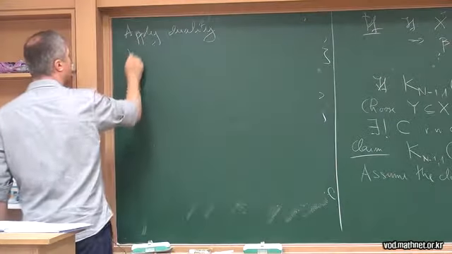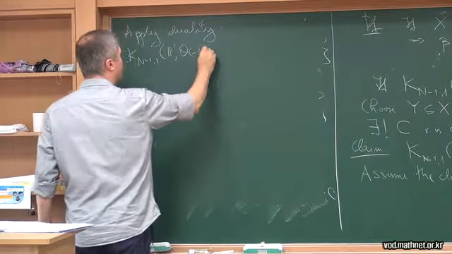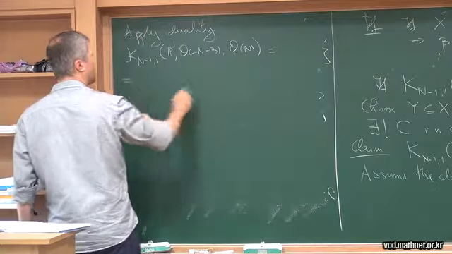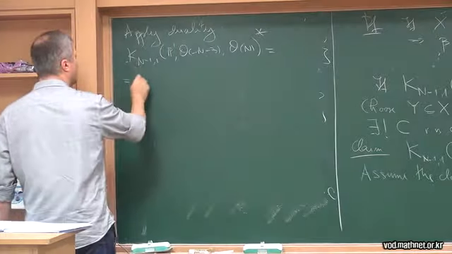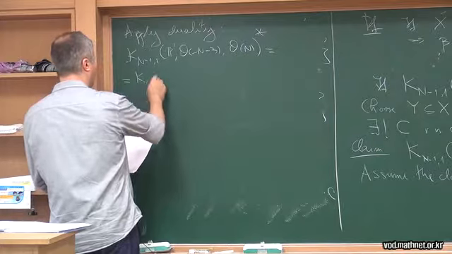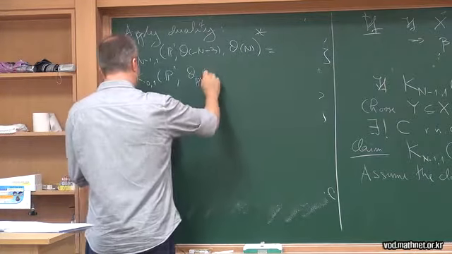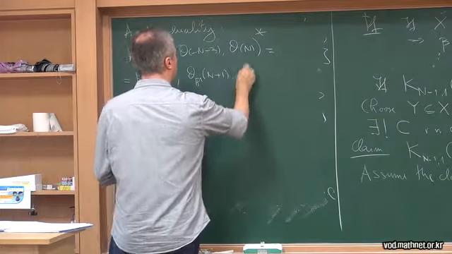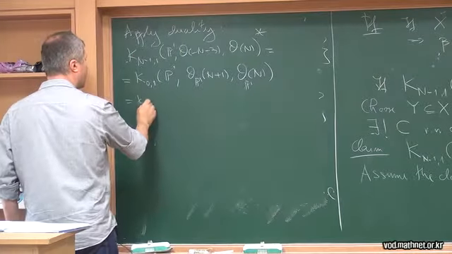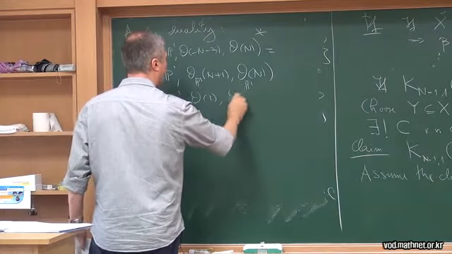If we apply duality, then K_{n-1,1} of P1, O(-n-3), O(n) is isomorphic, the dual of this one actually is isomorphic, to K_{0,1} of P1, O(n+1), O(n), which is K_{0,2} of P1, O(1), O(n).